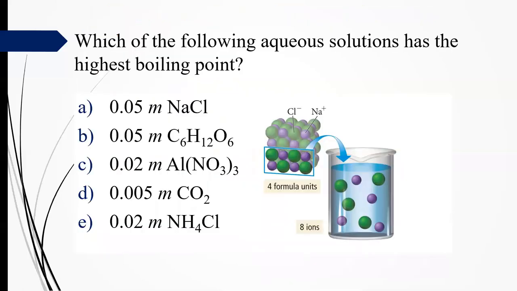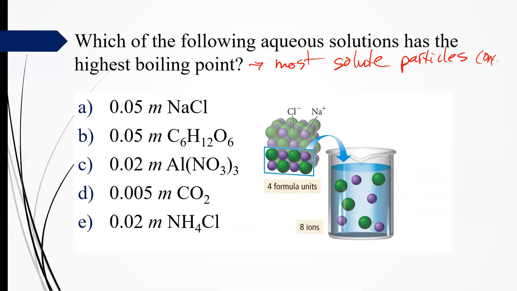So when we look at this, if we wanted to think about which one is going to have the highest boiling point, well, highest boiling point means the most solute particles in terms of concentration. And so we might be tempted to just take whatever concentration was highest.